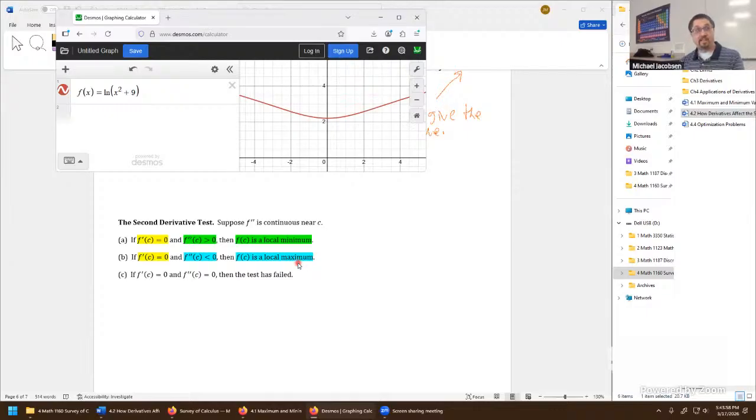And that's really pretty weird. We're going to spend some time discussing why this is in relation to graphs like these above. Notice that this is concave up, but that's a local minimum. There's an opposing direction of concavity versus the conclusion of minimum and maximum. So we'll take some care and thought in looking into this when we come back on Thursday.